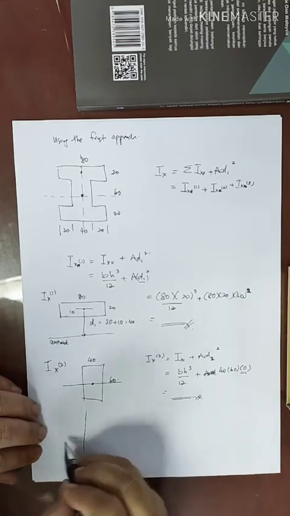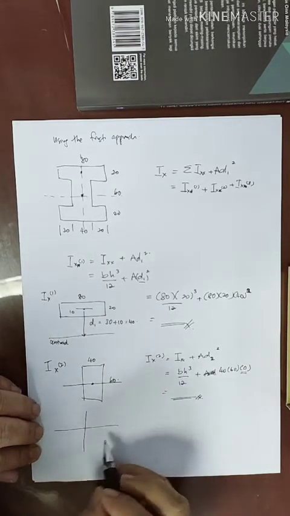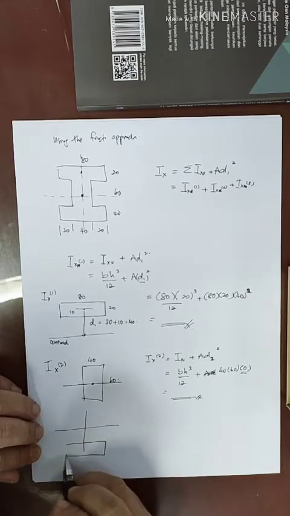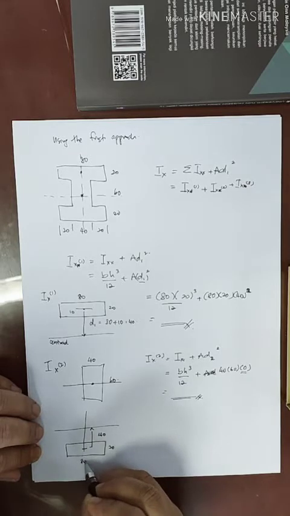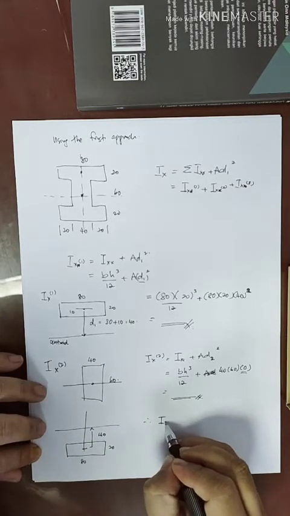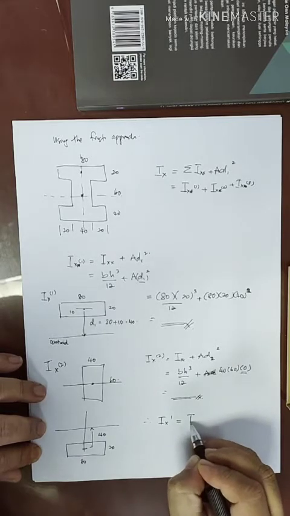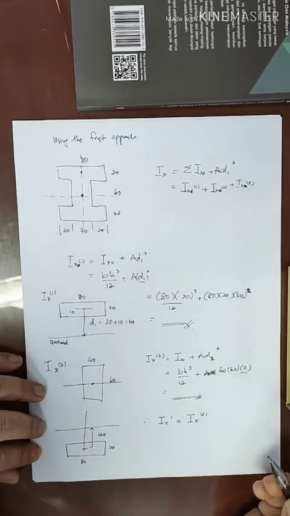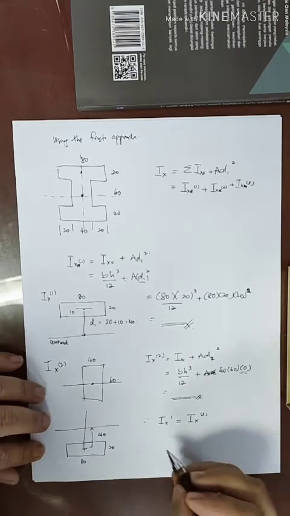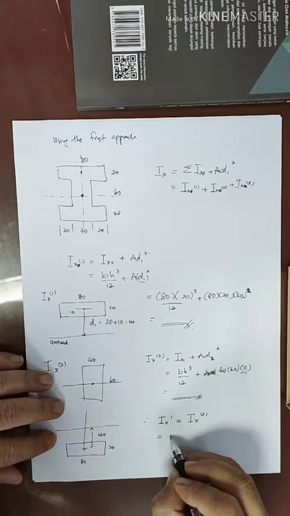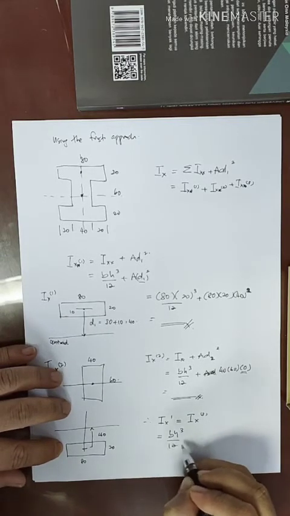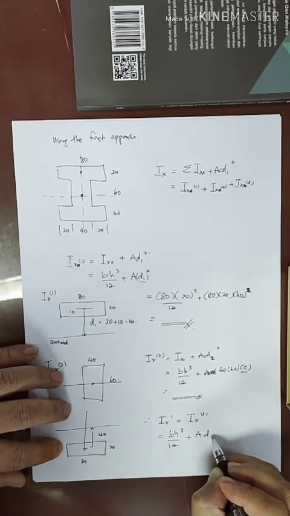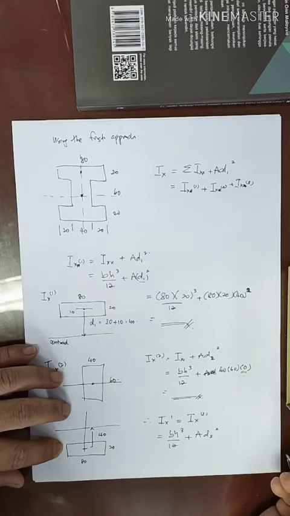For number 3, again, the location is downside. The symmetrical effect here is similar, so we can call Ix1 similar to Ix3. But to ensure, we put the equation plus A d3 squared.